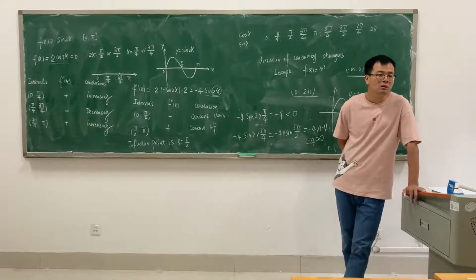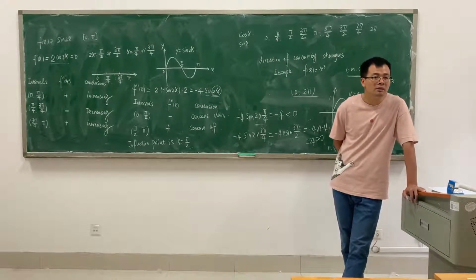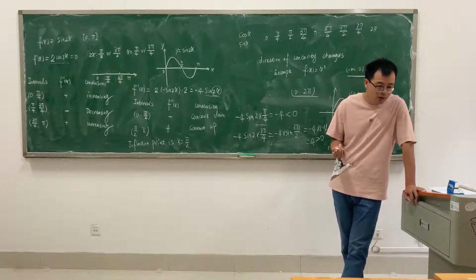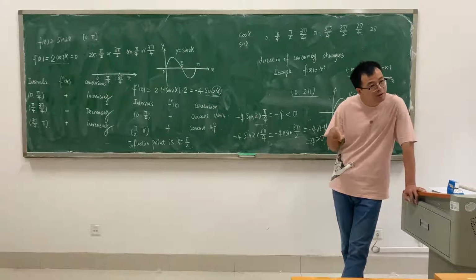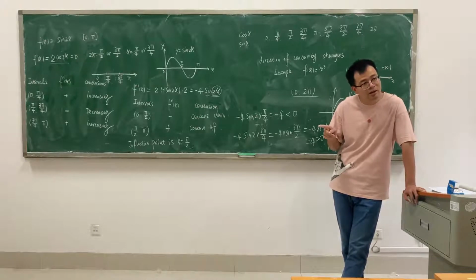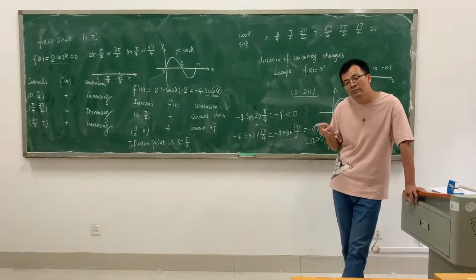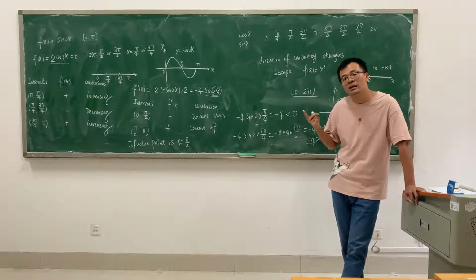So now you should keep in mind that f prime greater than 0 means increasing, f prime less than 0 means decreasing, f double prime greater than 0 means concave up, f double prime less than 0 means concave down.